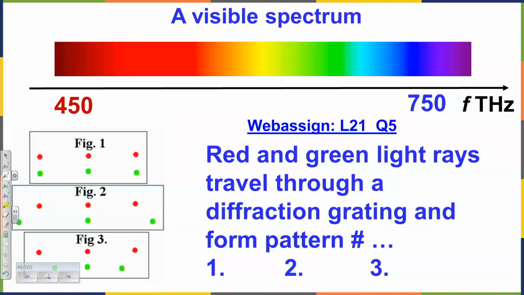Question. This is a visible spectrum. It's a rainbow. You've seen it many times before. We know that the frequency changes from low frequency for the red light, then goes higher and higher. I can use exactly the same diffraction grating I used five minutes ago.